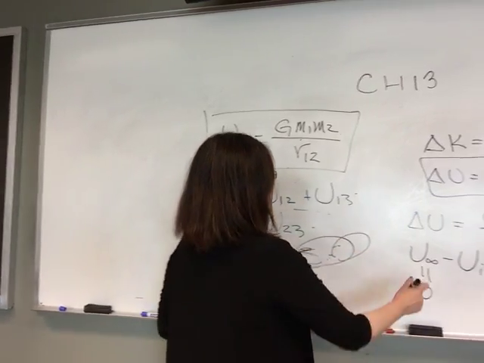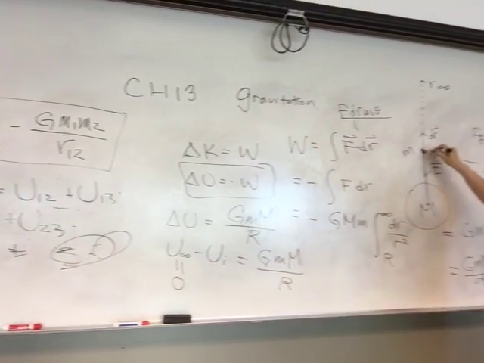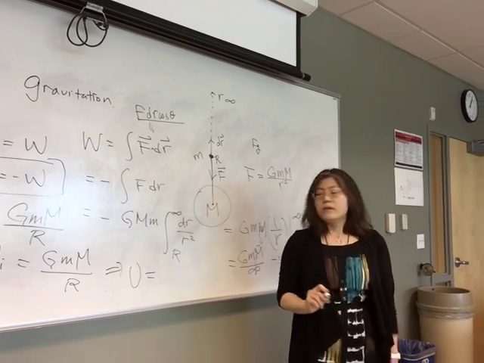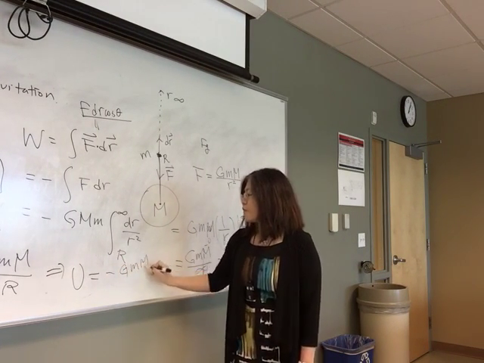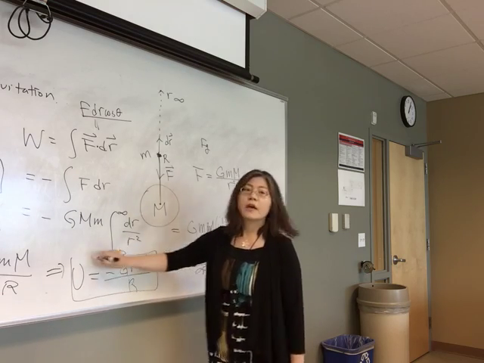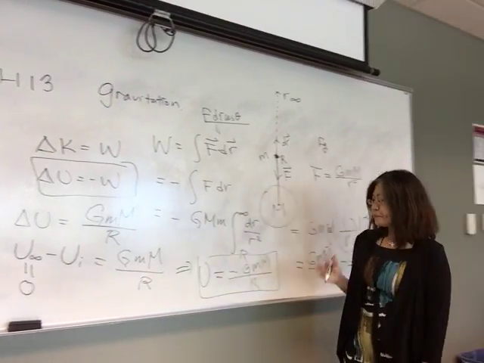So what we have here now is that your U at this point is just the magnitude of negative G, M, N over R. And that's how we got this, and that's the result that we used earlier.